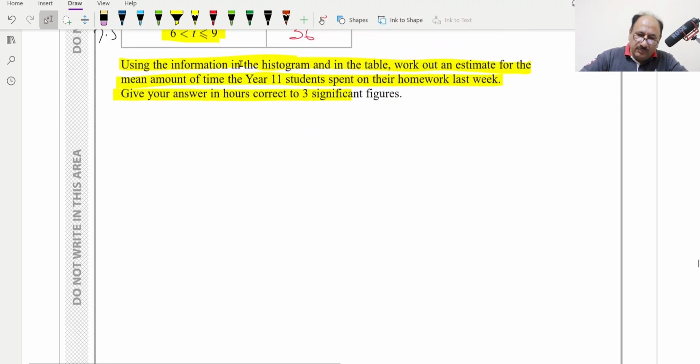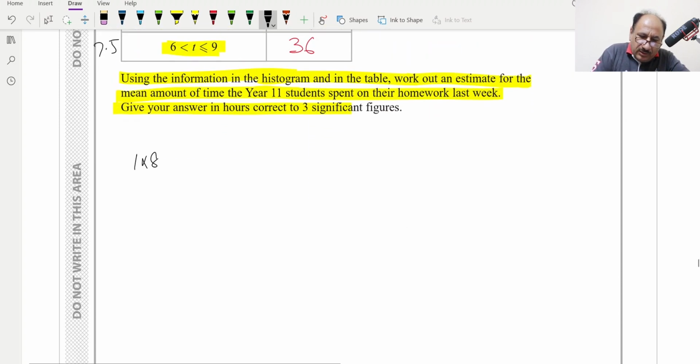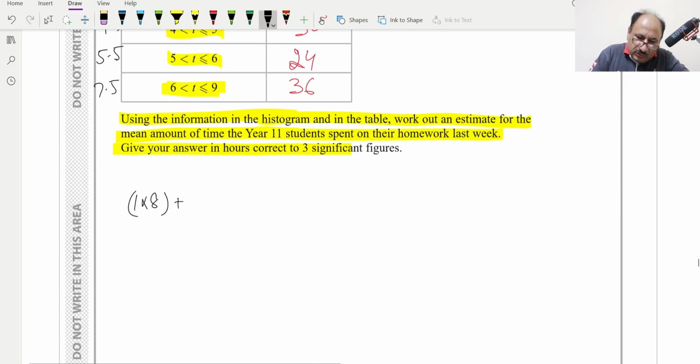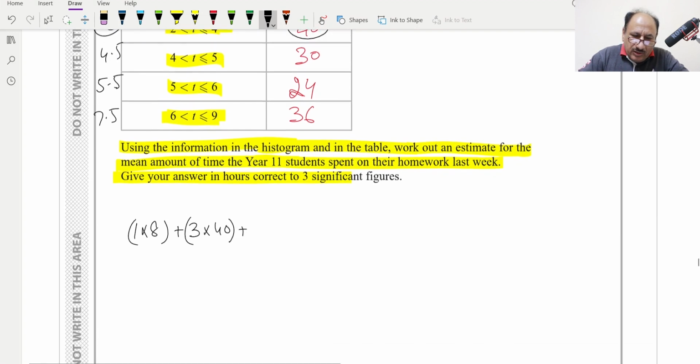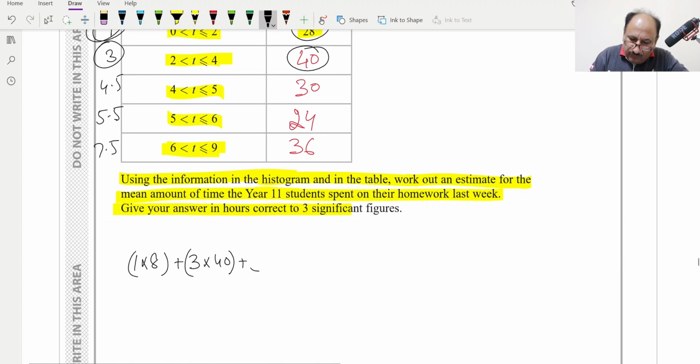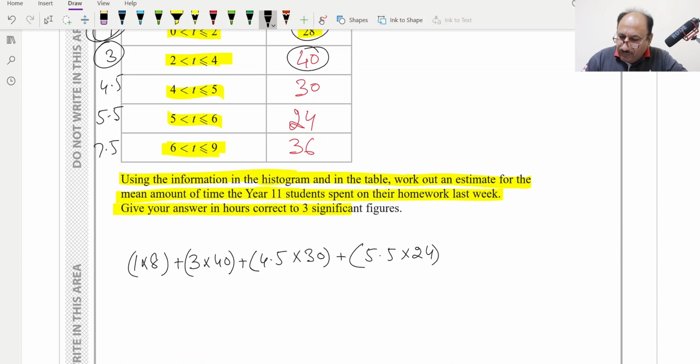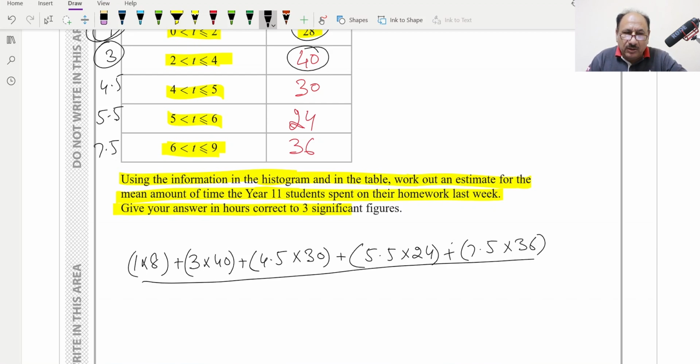This one will be multiplied by this, and we'll be adding. So 1 multiplied by 8, plus next will be 3 multiplied by 40 in brackets, plus third one is 4.5 multiplied by 30, plus 5.5 multiplied by 24, plus 7.5 multiplied by 36, and this whole will be divided by the total frequency.